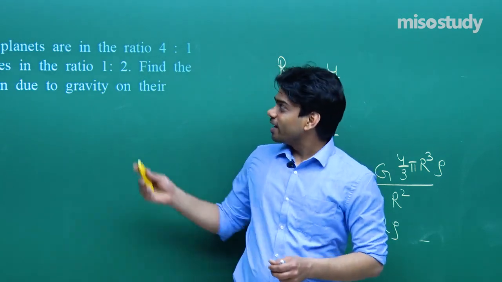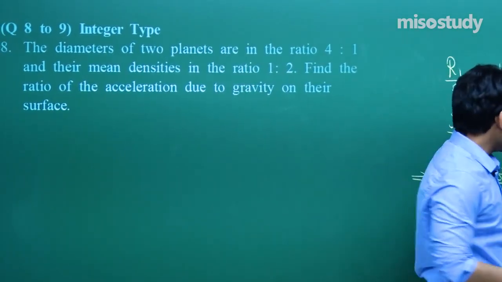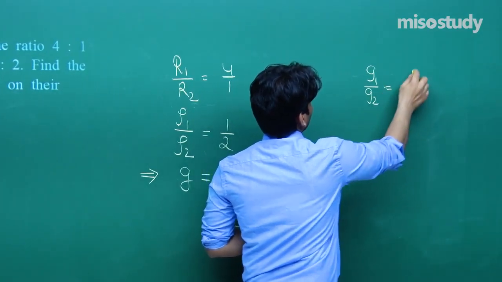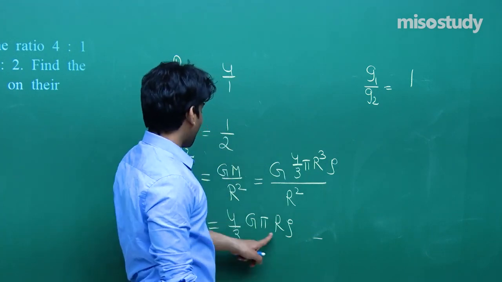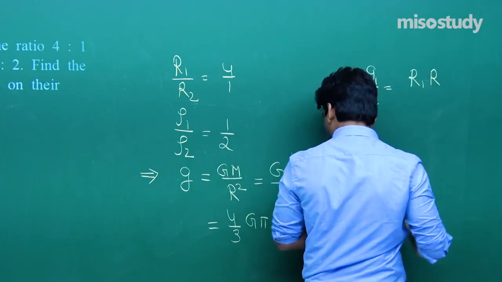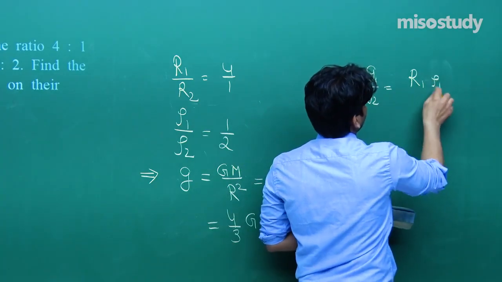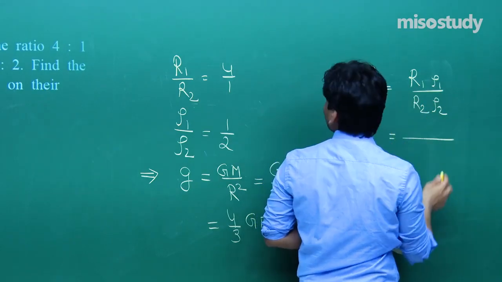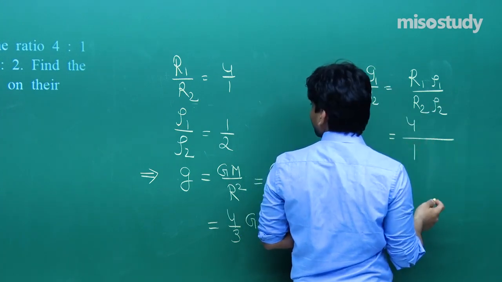So we have to compare, find the ratio of acceleration due to gravity on their surface. So g1 by g2 will be equal to r rho divided by r1 r2, that is r1 into rho 1 divided by r2 into rho 2. r1 by r2, that was given 4/1, and rho 1 by rho 2, that was given as 1/2.